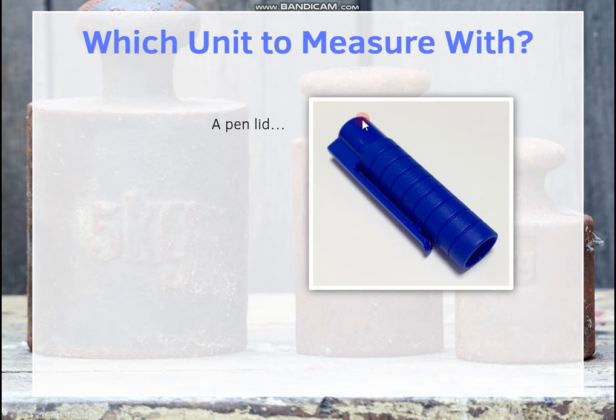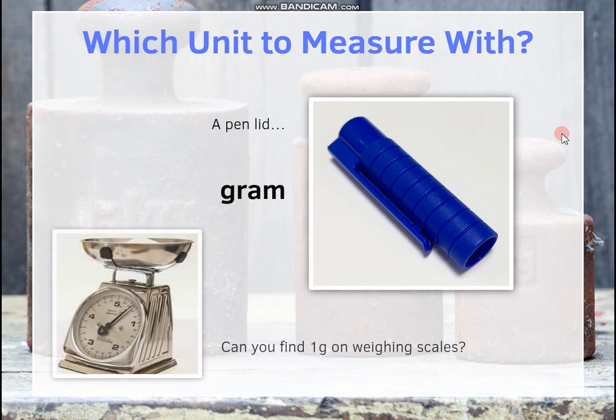Now, to weigh your pen, or the lid of your pen, the top of your pen, you can put it on a weigh scales, okay? And would you be measuring this, do you think, in grams, kilograms, or tons? Probably in grams.